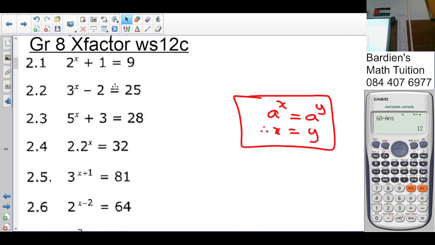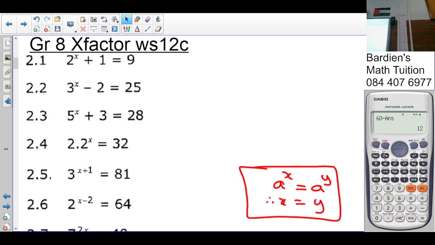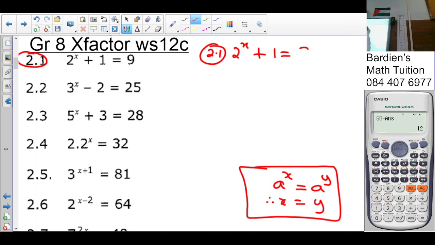Number 2, solve for x. So let's look at 2. I'm just going to do the odd numbers. You've got 2 to the x plus 1 is equal to 9. Make a note there. In this case, we're going to first isolate the term of the x, which means I'm going to get the term of the x on one side of the equal sign.